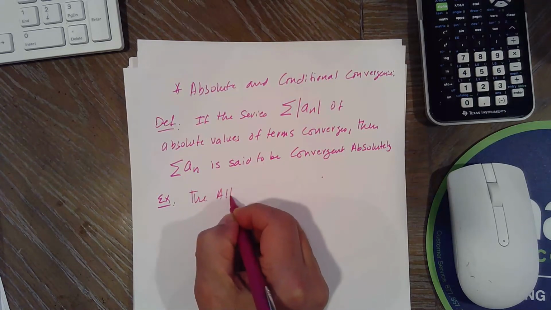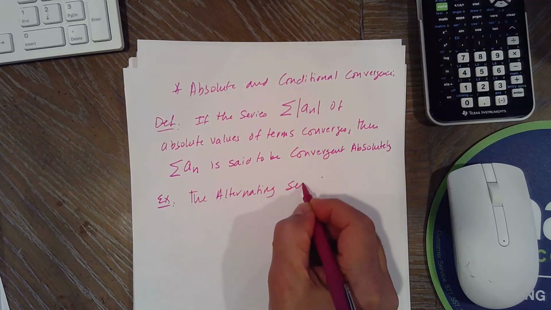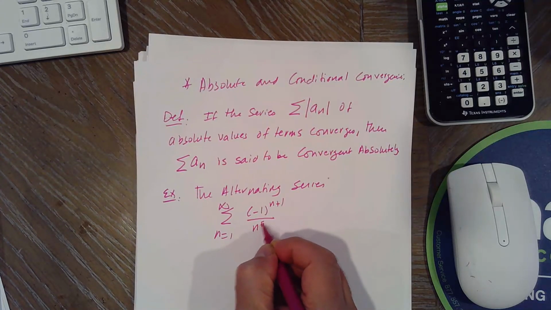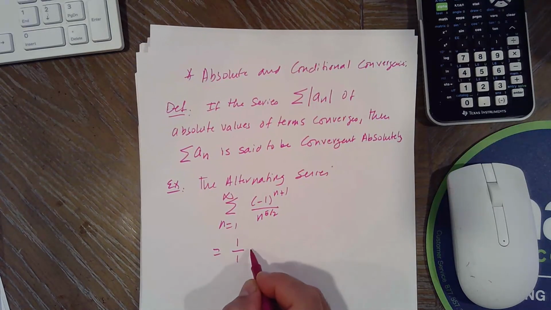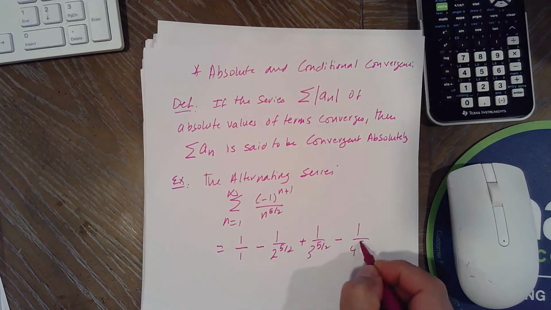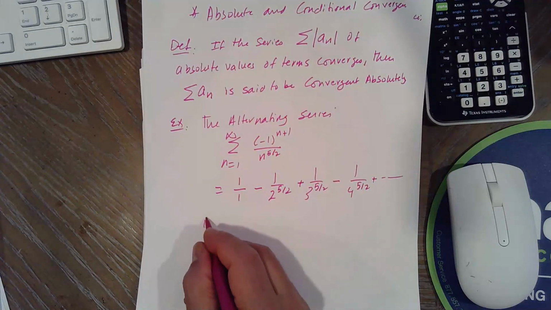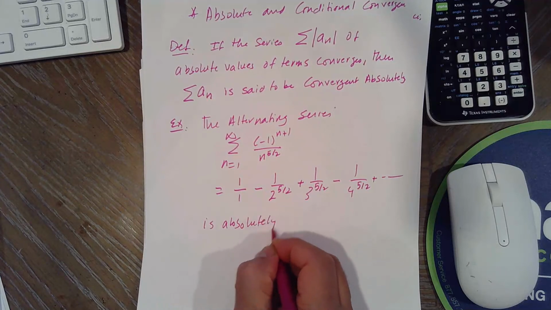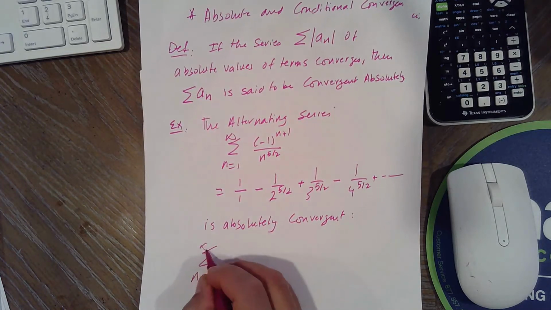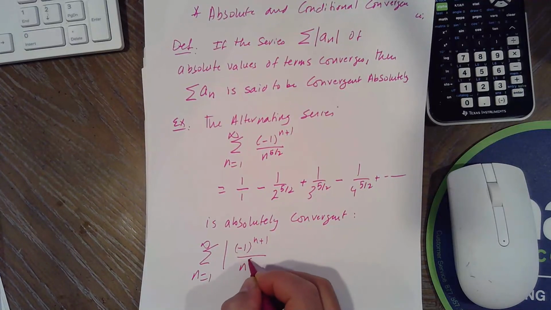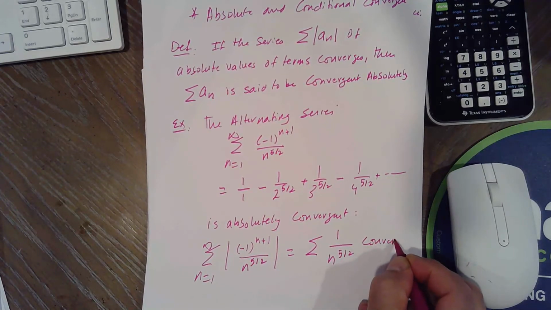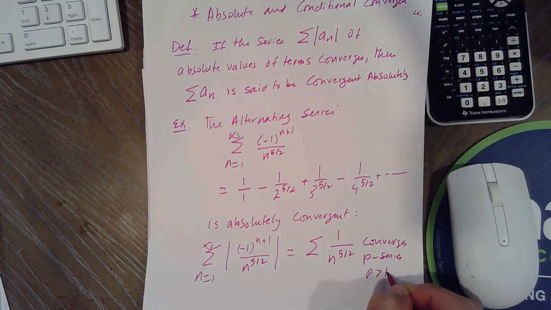So the alternating series sigma n equals 1 to infinity, negative 1 to the n plus 1 over n to the 5 over 2, which equals 1 minus 1 over 2 to the 5 halves plus 1 over 3 to the 5 halves minus 1 over 4 to the 5 halves, and so on, is absolutely convergent, since if you do sigma of the absolute terms, it's going to give you a sum of 1 over n to the 5 over 2, which converges, a p series where p is greater than 1.